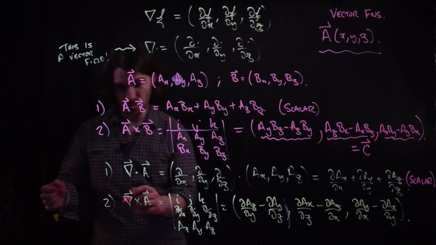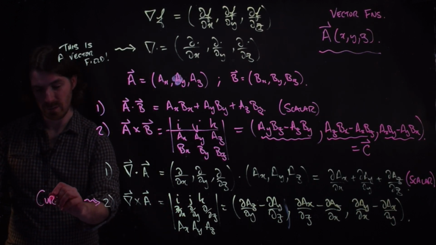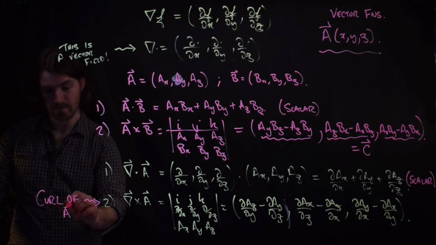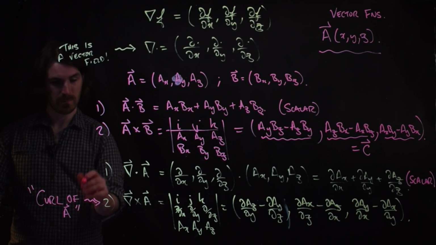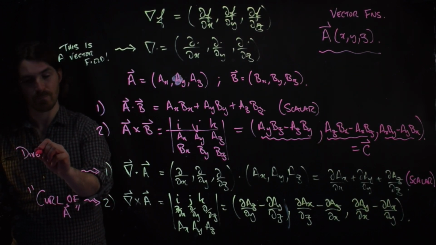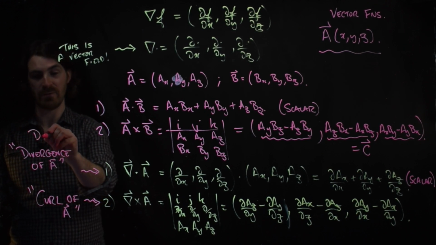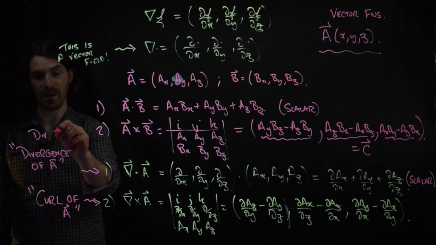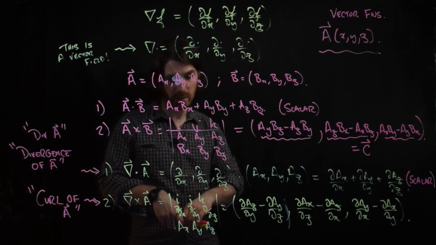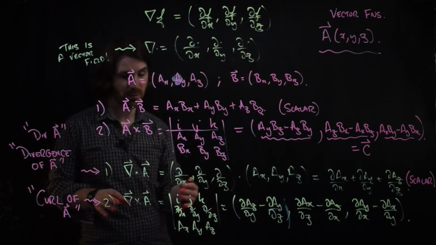So this is known as the curl, C-U-R-L, of A. And this is known as the divergence of A, or maybe just div A. These are very important and useful things to work with.